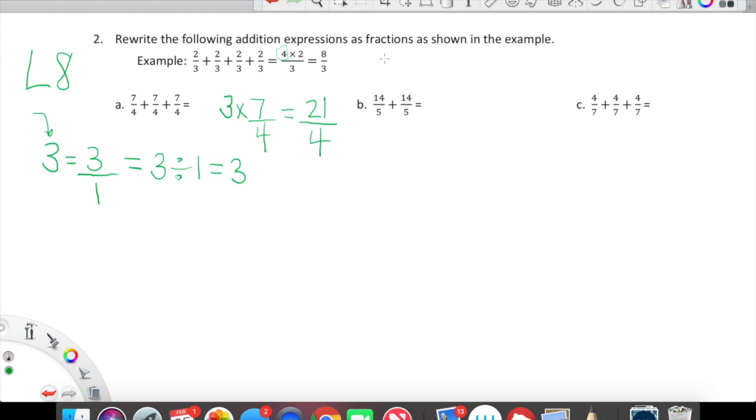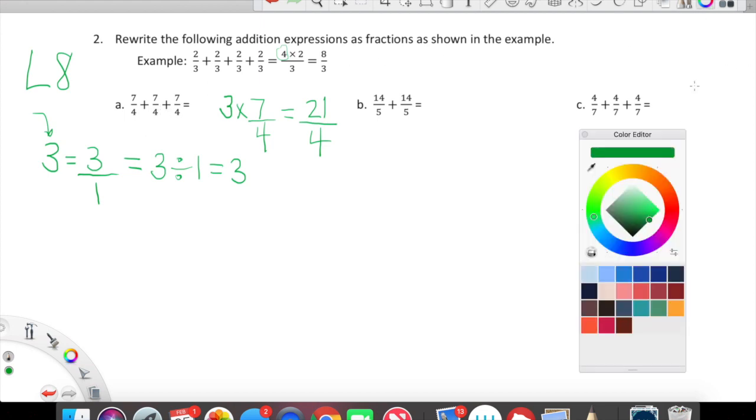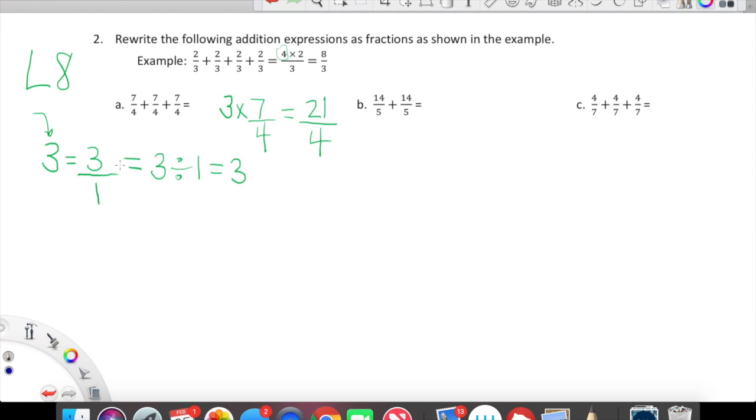Okay? So let's look at this first one a little bit in another way. So yes, we have 3 copies of 7/4. We can also rewrite this as 3 copies of 7 and put everything over 4, right?